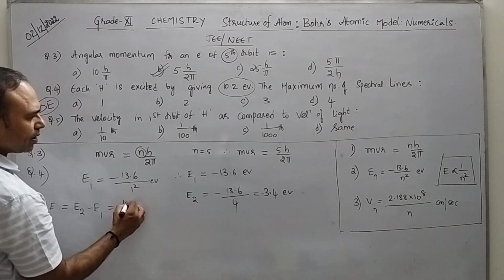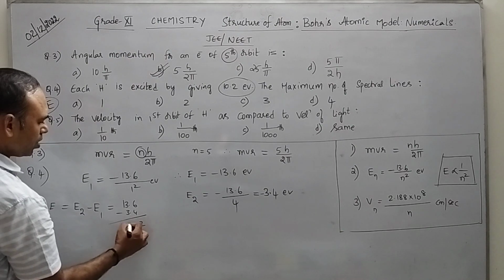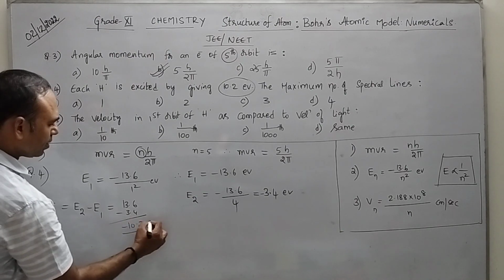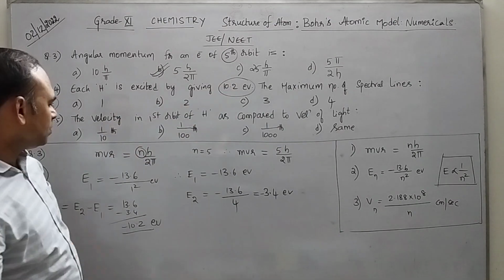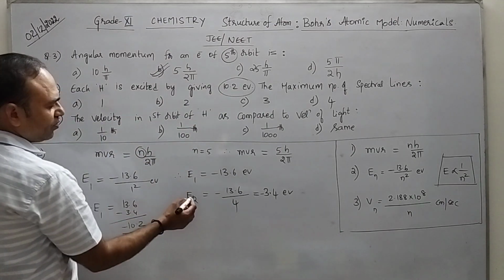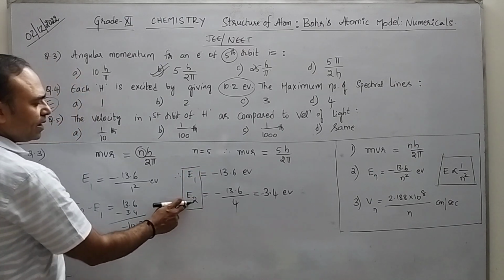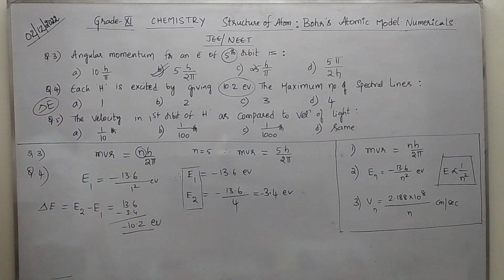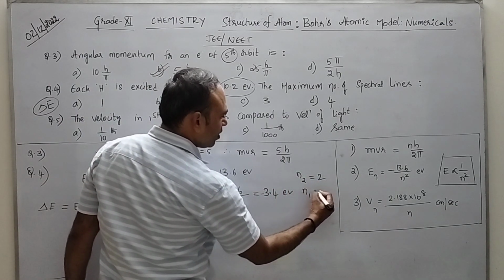So we can say 13.6 minus 3.4. We can easily understand that it is 10.2 eV that you got here. Hence, we can say that the transition happens between the second orbit and the first orbit. I can write like this: N2 is equal to 2 and N1 is equal to 1.